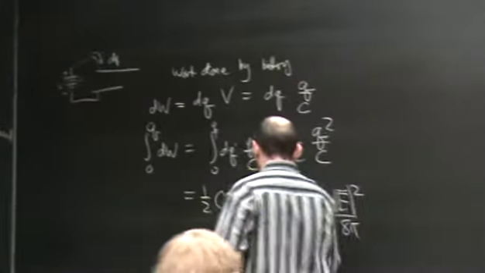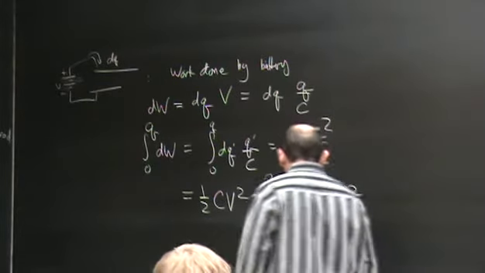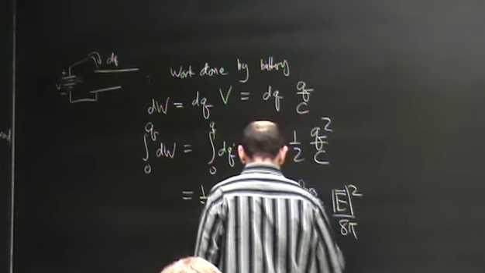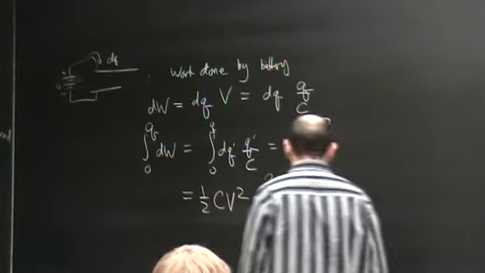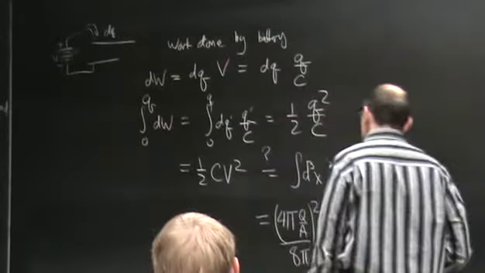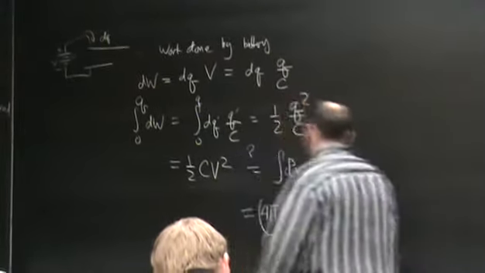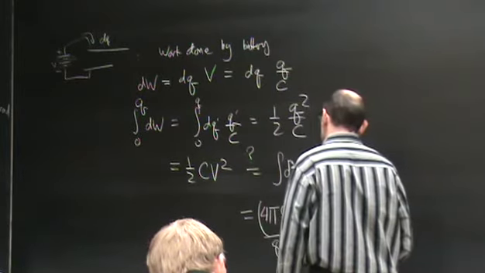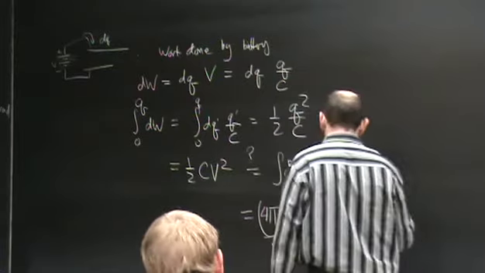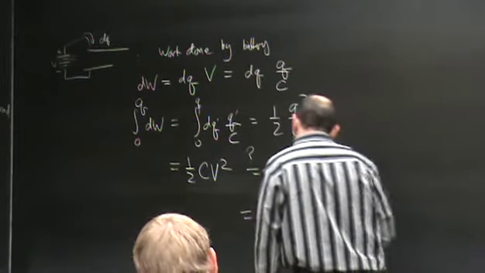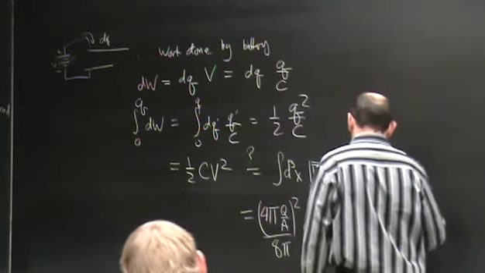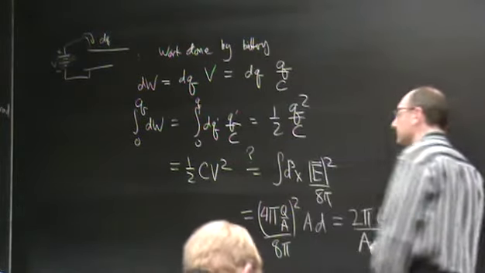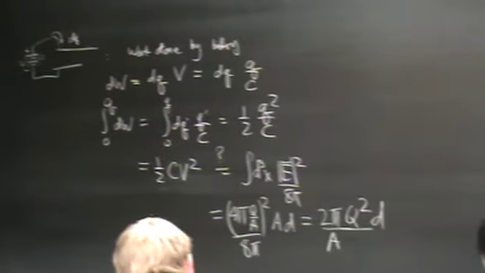So my electric field is uniform, so I could just write it down as the electric field, 4 pi Q over A, squared, over 8 pi, times the volume, and the volume is A times D. Okay, so that's then equal to 2 pi Q squared over A times D, right?